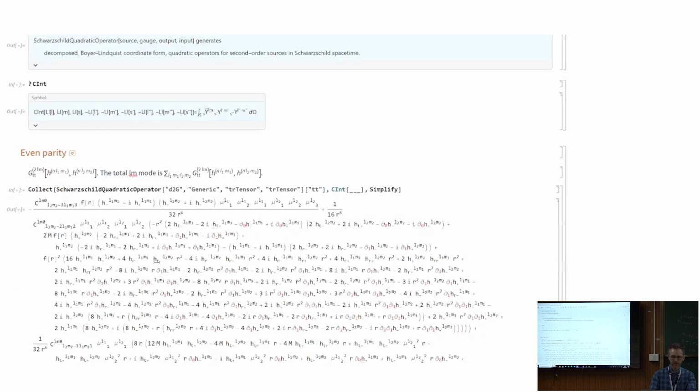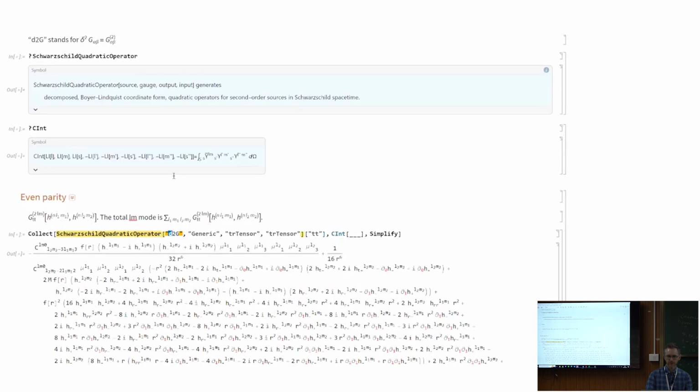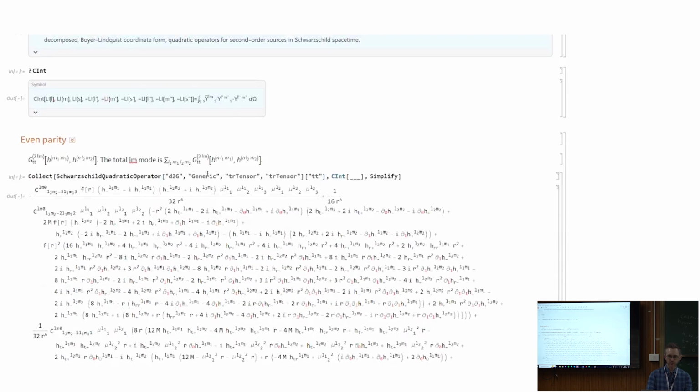Okay, so let's look at an example. So this is the TT component, LM mode, of this quadratic Einstein operator, which in this package is denoted D2G. That's for this delta squared G. Again, this is a generic gauge, and again, I'm getting the tensor harmonic coefficients in T and R coordinates.